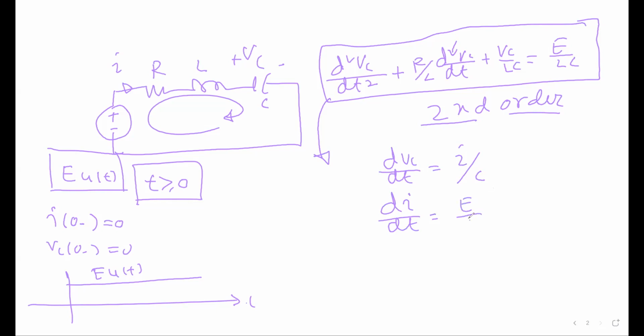E divided by L minus R into I divided by L, minus Vc divided by L. Our equation was minus E plus L di by dt plus Ri plus Vc equal to 0. Then you divide all through by L.